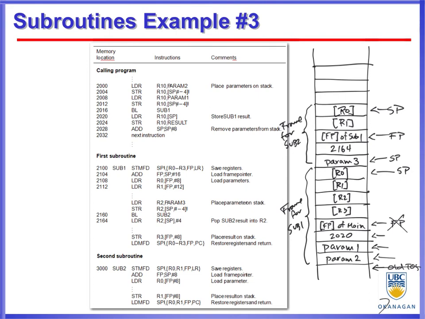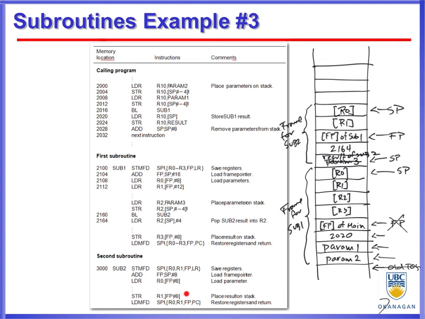So let's call that the result of sub 2. So this gets overwritten with the result of sub 2. We were using the frame pointer to access that memory location. We could have used the stack pointer to do it as well, but since we have a frame pointer, we use that.